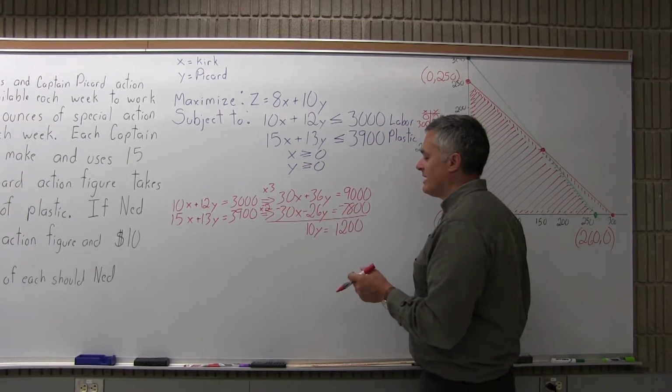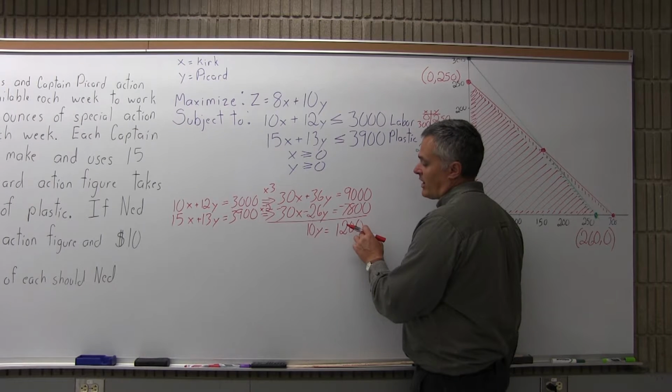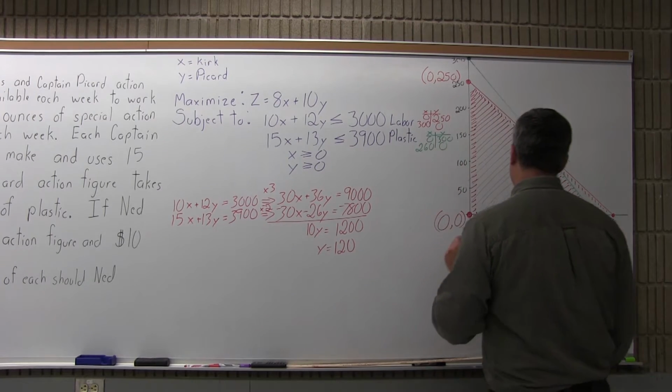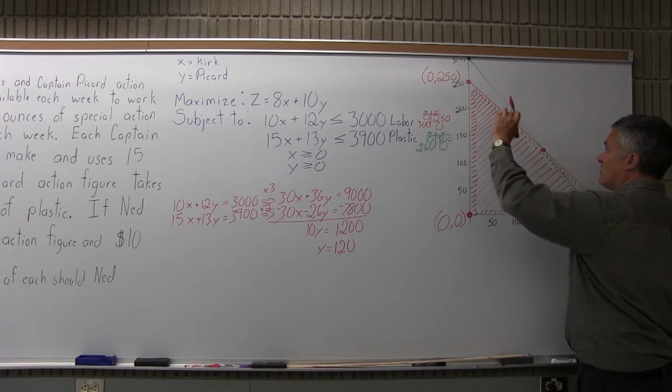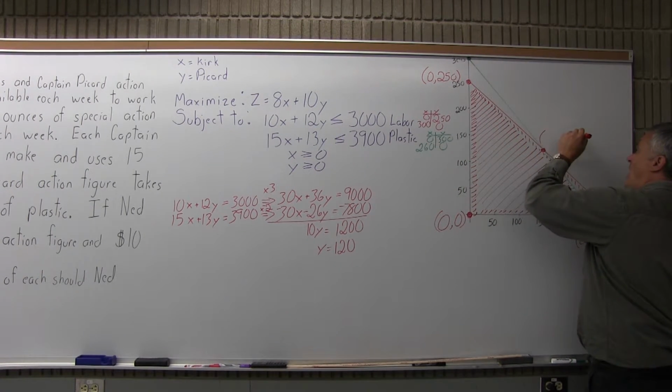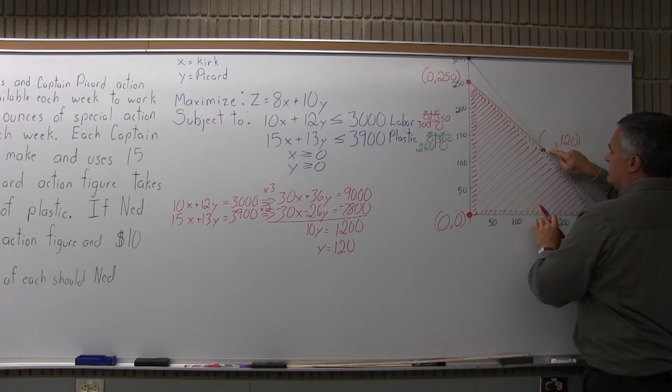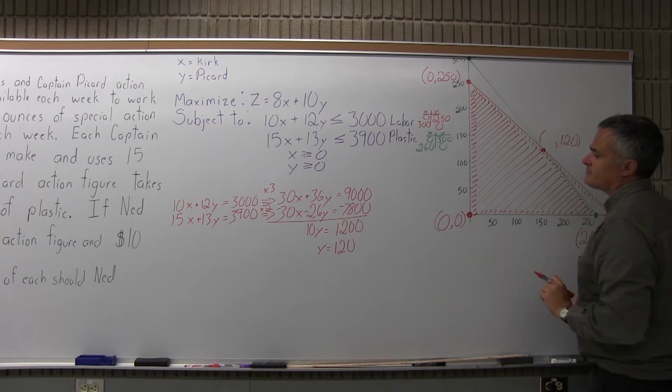I can divide by 10, and it'll give me y equals 120. So the point of intersection between the red line and the green line has a y-coordinate of 120. Now looking at my graph, that seems pretty good. Let's see how the x comes out.